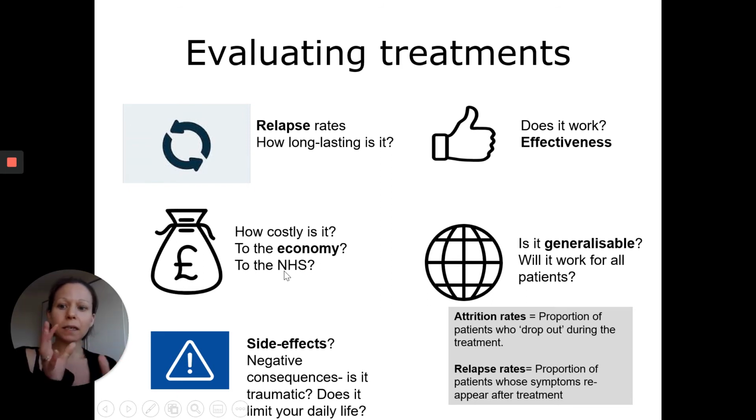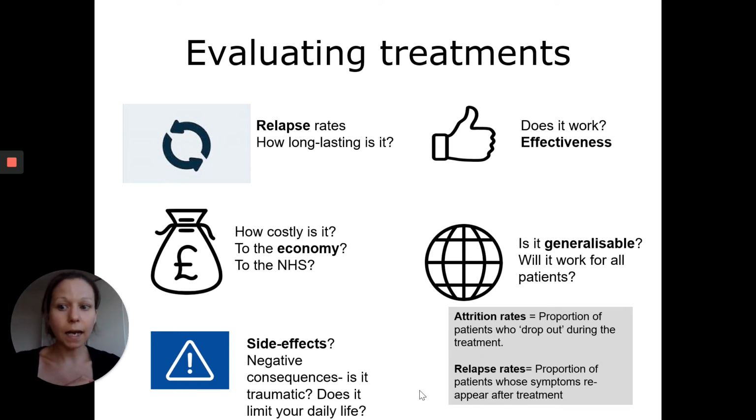So it's a balancing act. When we are deciding how good a treatment is, we have to think about all of these things, and a treatment is likely to be good in some areas and not so good in others. And actually, if you think about it, you would want to know most of those things. If somebody said to you, okay, you've come to me as a therapist or as a doctor and you want this treatment, this is what I suggest, you would want to know, well, is it going to work for me?